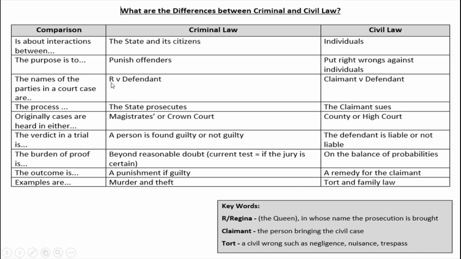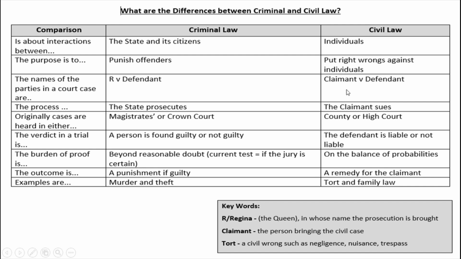This directly reflects the fact that a criminal act is an interaction between the state, represented by the Queen, and the citizens, who are represented by the defendant here. The defendant is the person who's suspected of the crime and will be defended in court by defence lawyers.